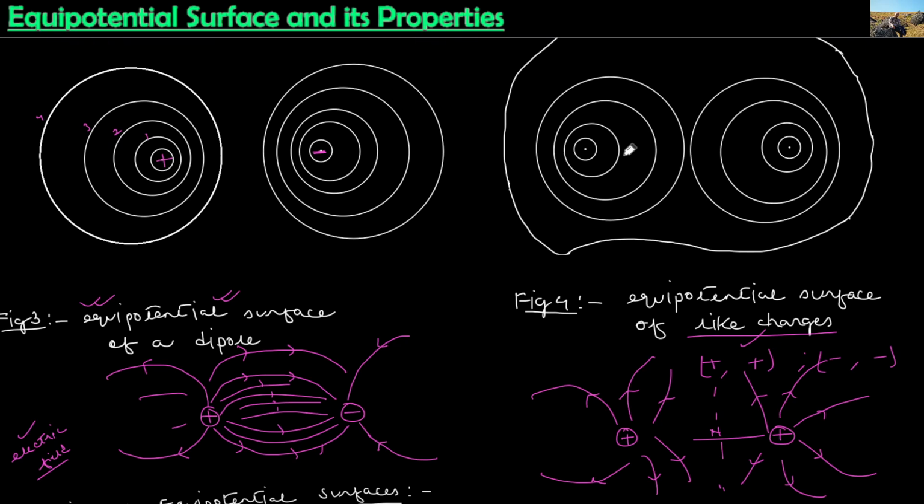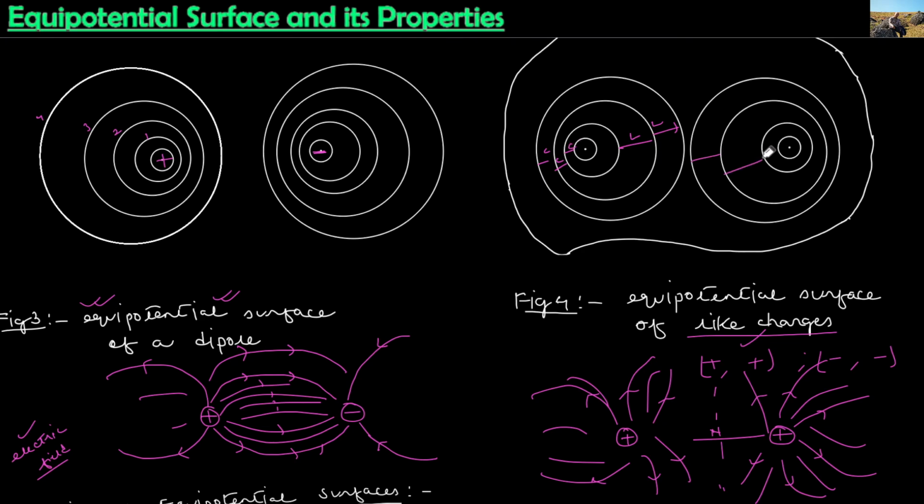So the equipotential surfaces for a system of like charges will be largely spaced there. Whereas away from that point, they will be very close to one another. So over here this will be closely spaced, and over here this will be largely spaced.